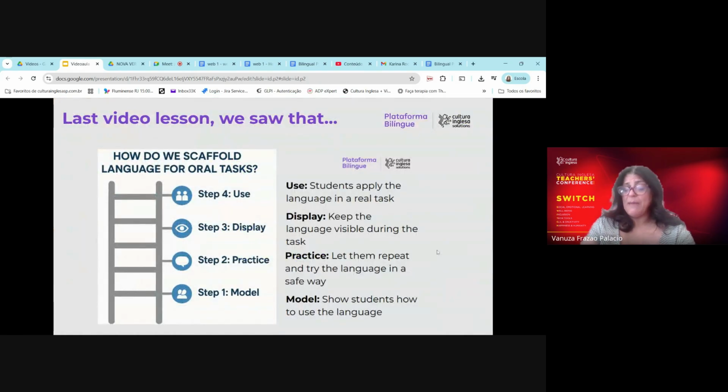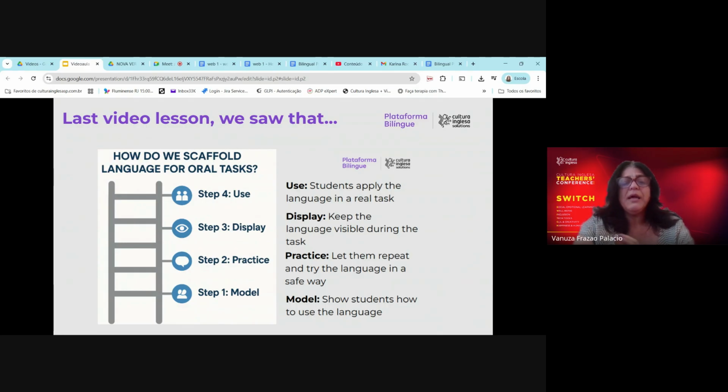So for that to happen, Bianca mentioned a few steps teachers can take. And here you have the model. The model actually is a 4-step program teachers can implement in their lessons to help their students become more autonomous speakers.